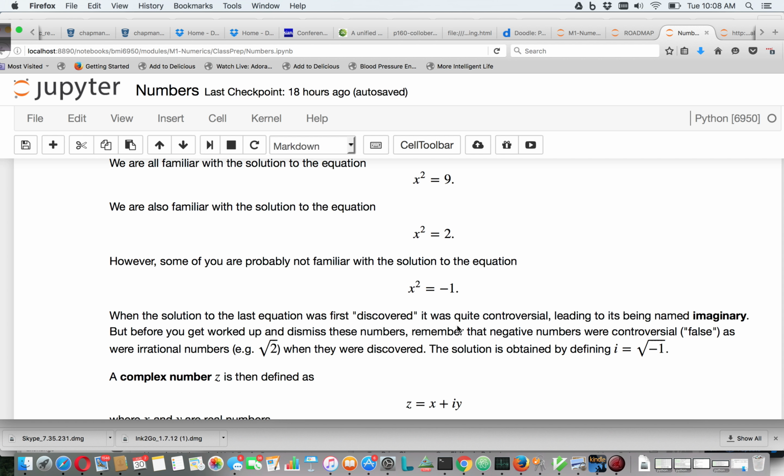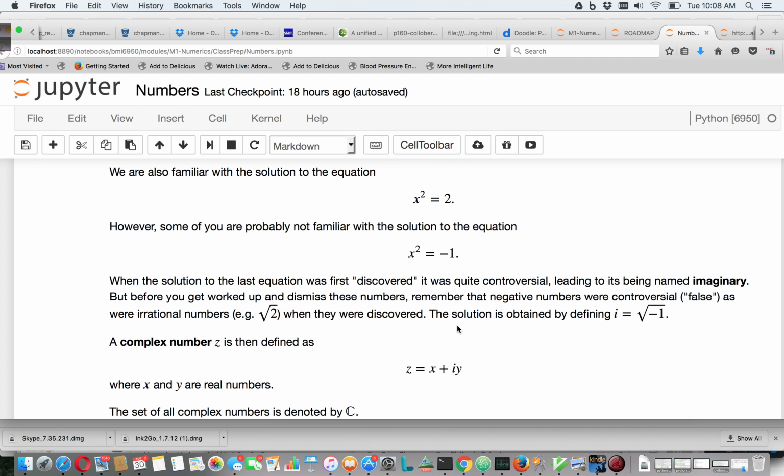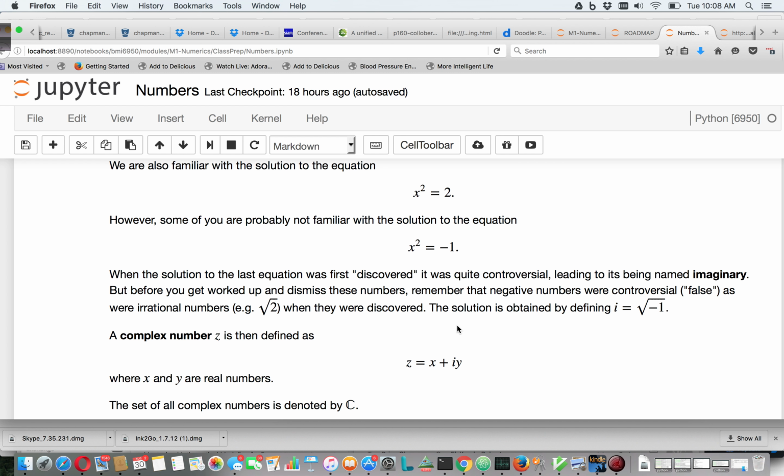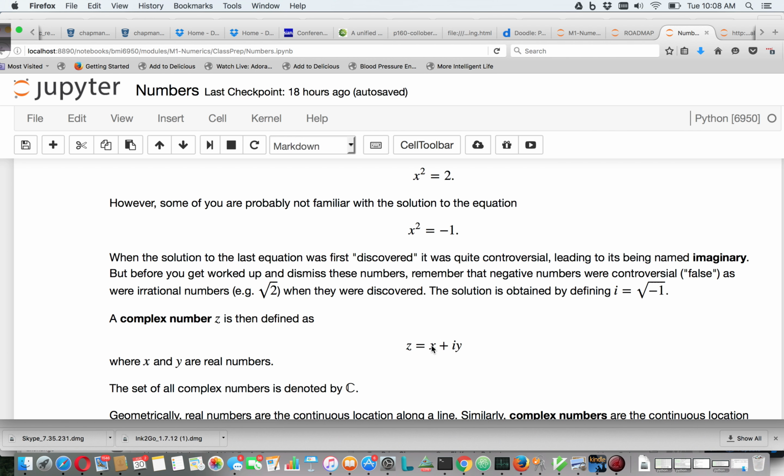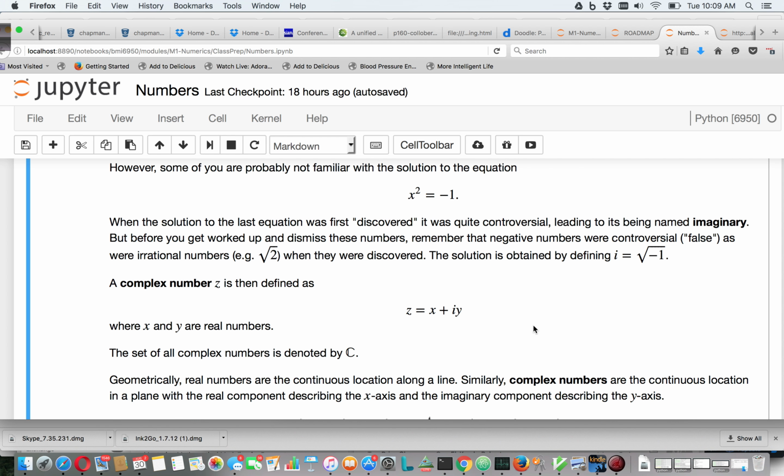And so mathematicians introduced the concept of a complex number. A complex number consists of a real and what's called an imaginary part, and it's the sum of these two numbers, and i is taken to be this special number that is the square root of negative 1. So when I take i times i, I get negative 1.